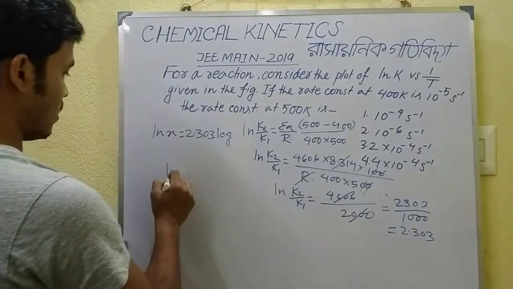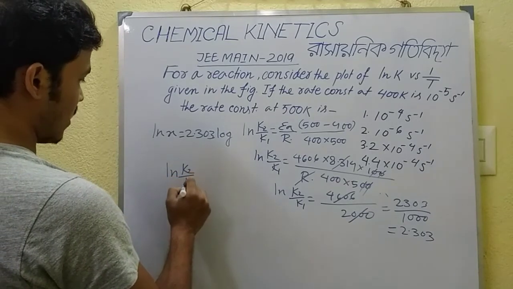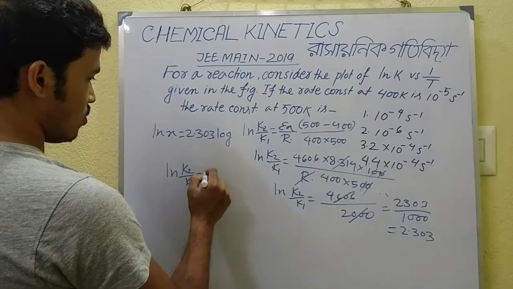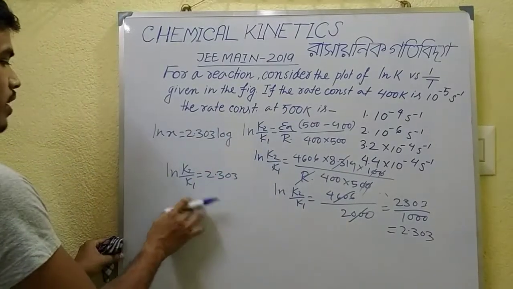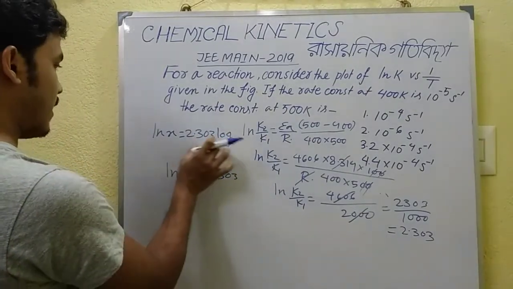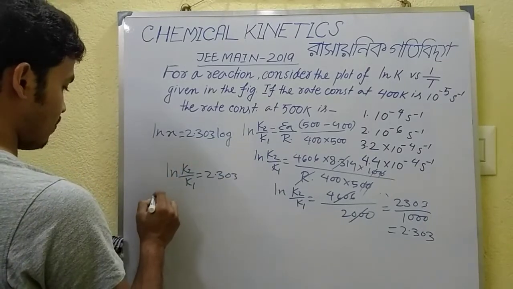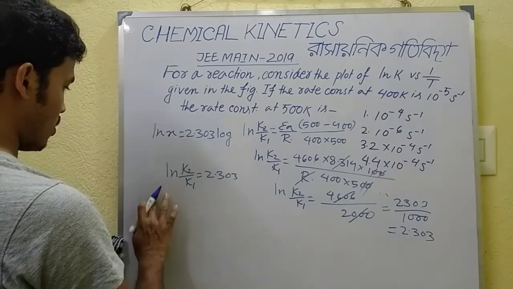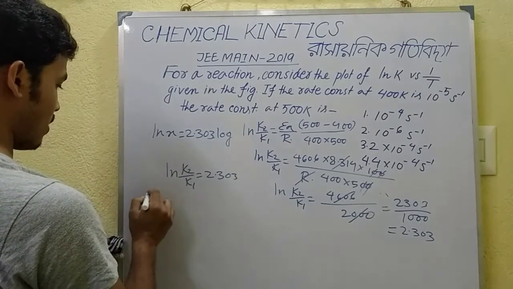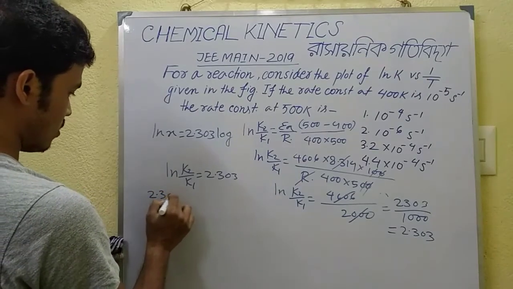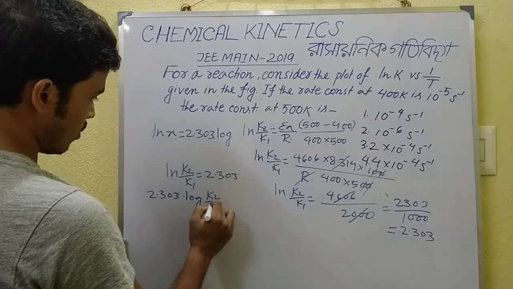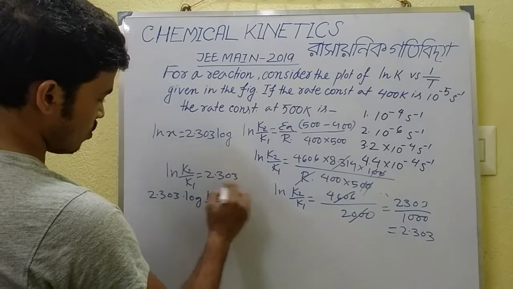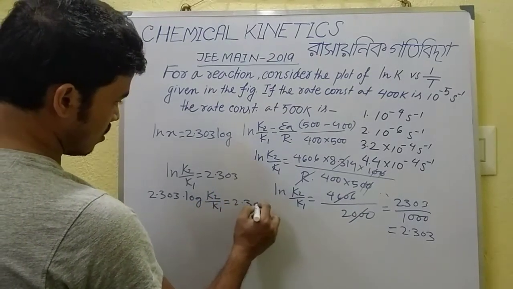So ln k2 by k1 is equal to 2.303. If I put it as a log, I am converting the ln term into log: 2.303 log k2 by k1 is equal to 2.303.